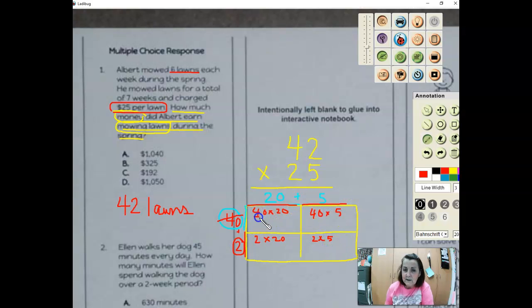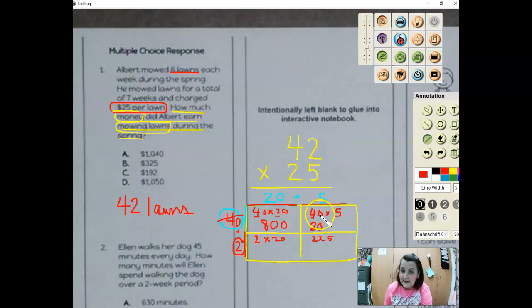If I multiply 4 times 2, I get 8. Now be very careful, boys and girls, because a lot of you don't put the correct number of zeros, or you're putting too many. Look how many zeros are at the end of each factor. 1, 2. So I'm going to add 1, 2. 4 times 5 is 20.